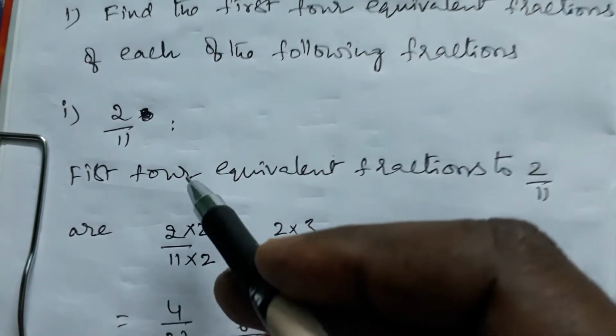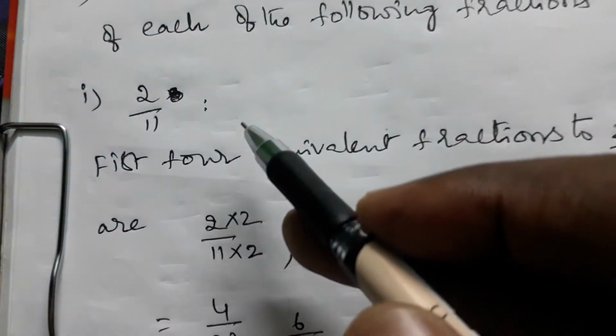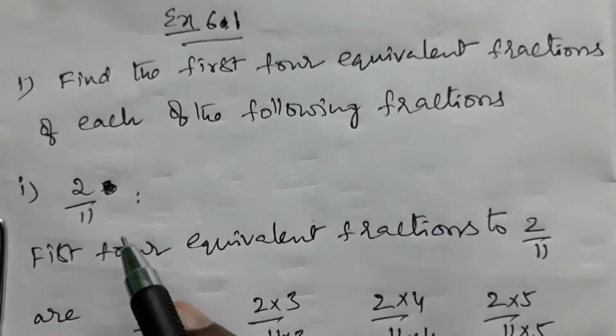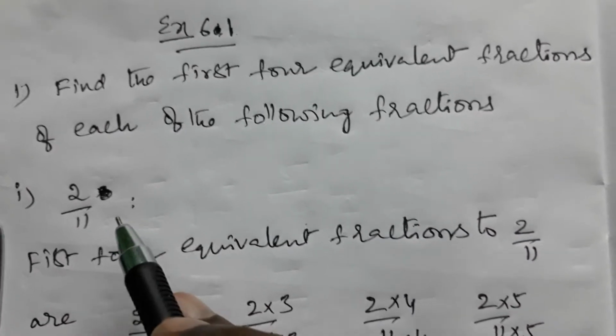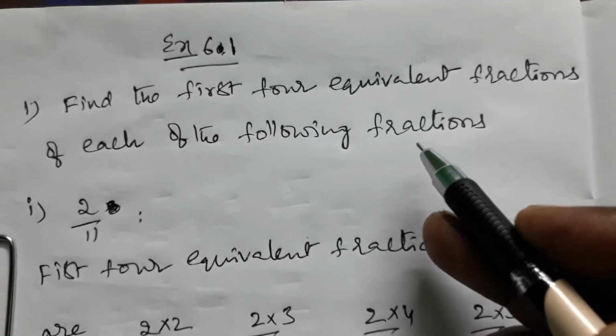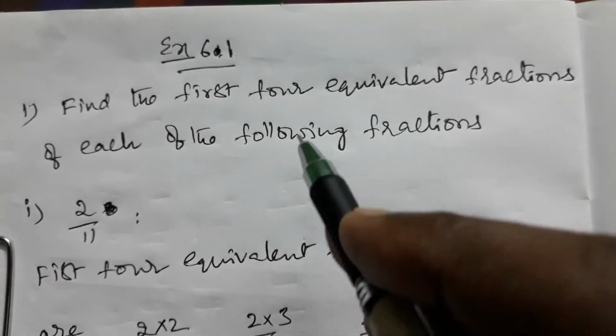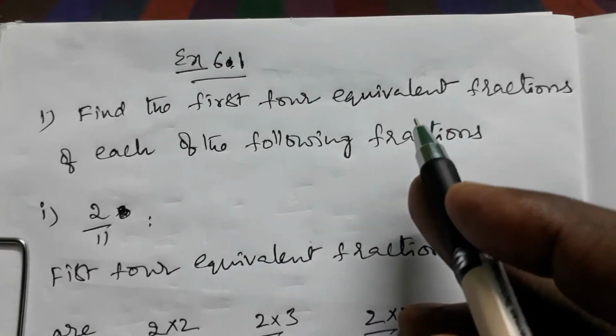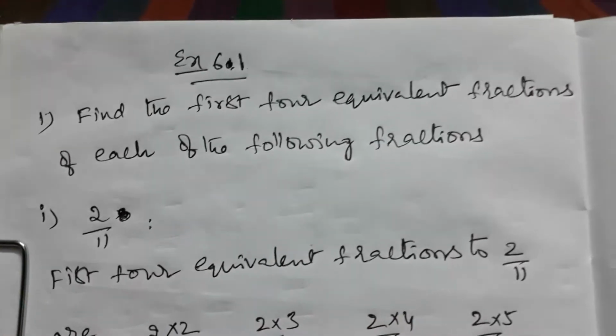You will get the same fraction, 2 by 11 only. But the question is not the same fraction. He asked equivalent fractions and they are beginning 4. First 4 means beginning 4 equal to 2 by 11.